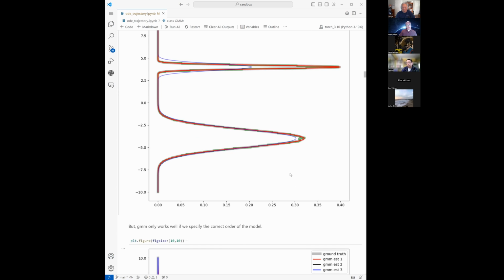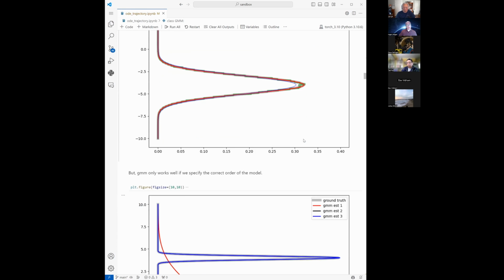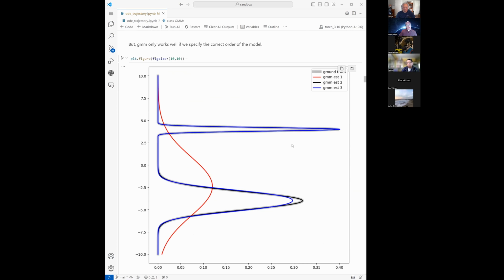Looking at that, the Gaussian mixture model estimate seemed to be the best, but I went back and realized that it depends on whether I got the order correct. My data is a second order Gaussian mixture, and this is a Gaussian mixture model estimate with first order, second order, and third order models.